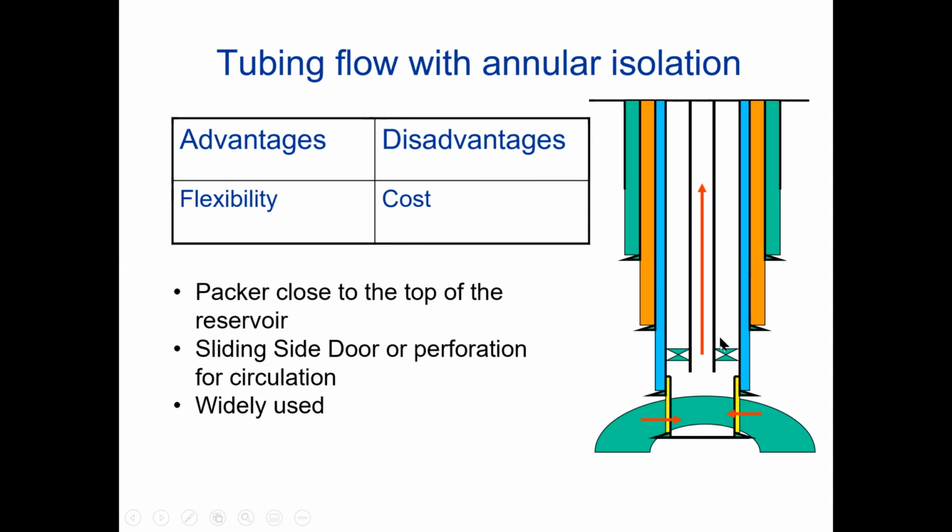The only point is to balance the pressure across the packer, because here is reservoir pressure, and here you need to put some fluid to counteract this pressure, because otherwise the packer would be unset. And it causes problems. So this is by far the most popular completion.